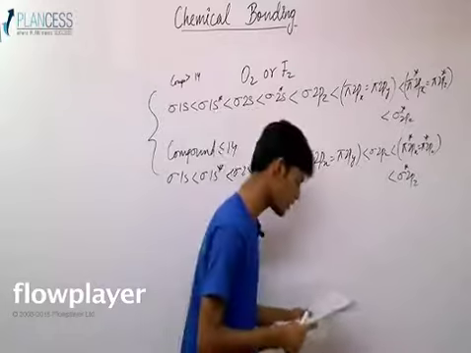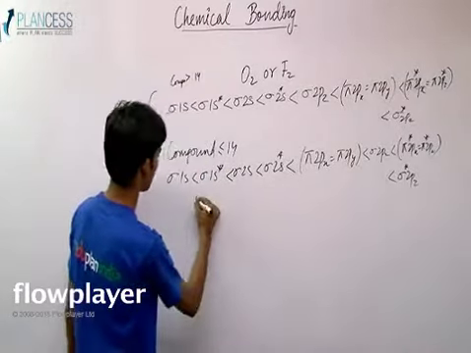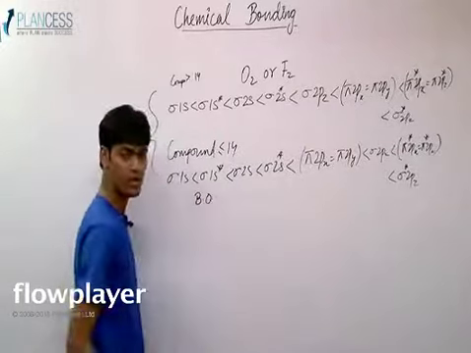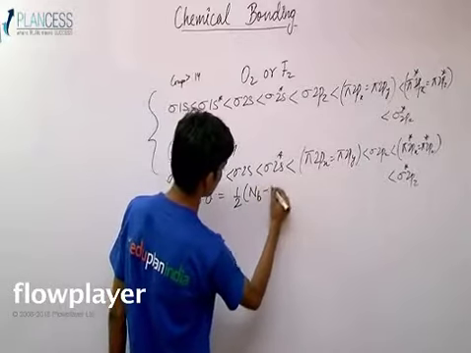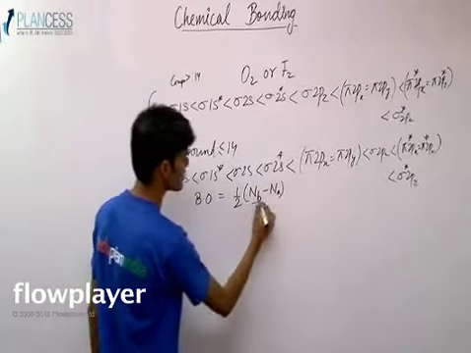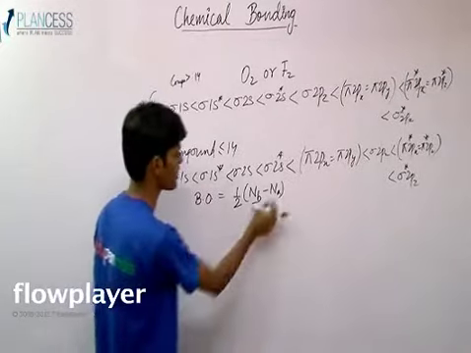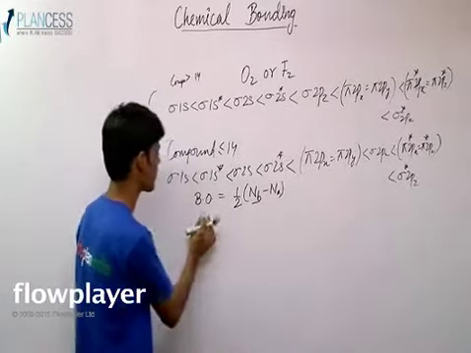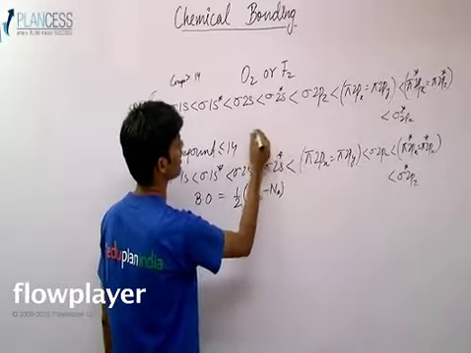So what is bond order? Bond order is defined as half times (NB minus NA), where NB is the number of bonding electrons and NA is the number of antibonding electrons. Bond order tells us whether there is a single or double bond.